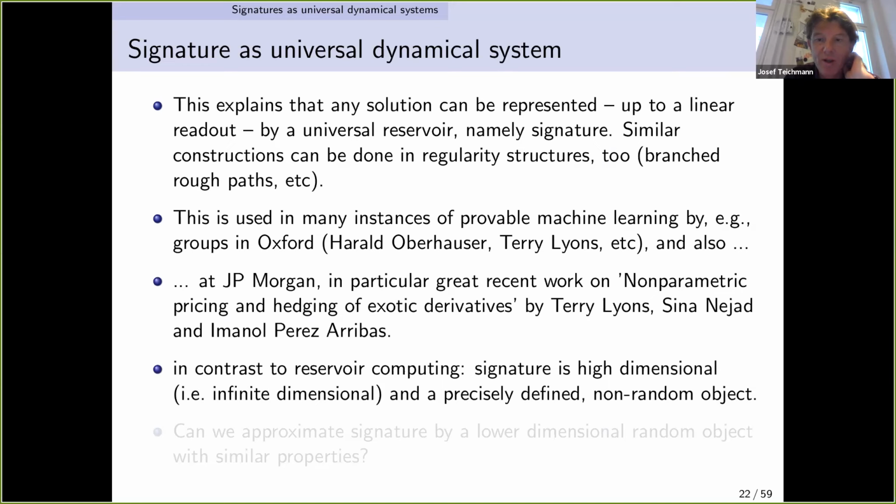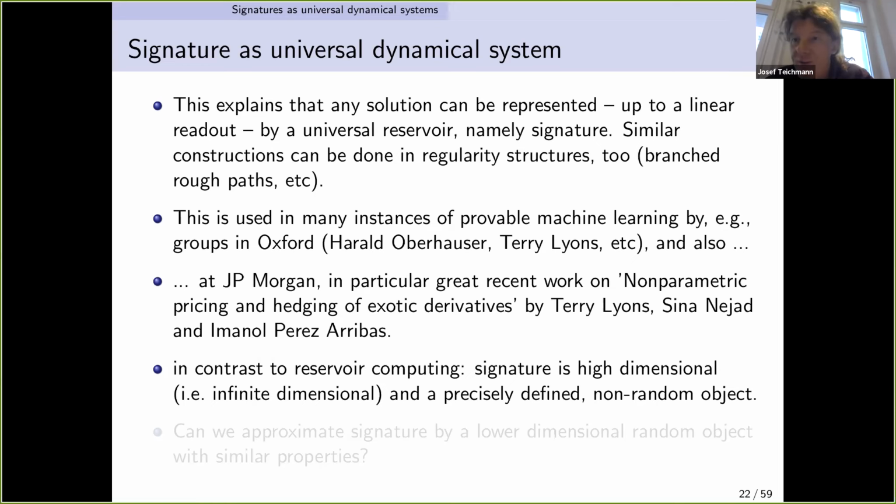The only objection which we might have from a point of view of reservoir computing at this point is that signature is an infinite dimensional object. It takes values in an infinite dimensional vector space, or it's a high dimensional object if you truncate it.